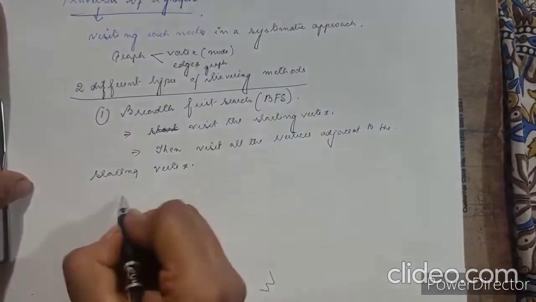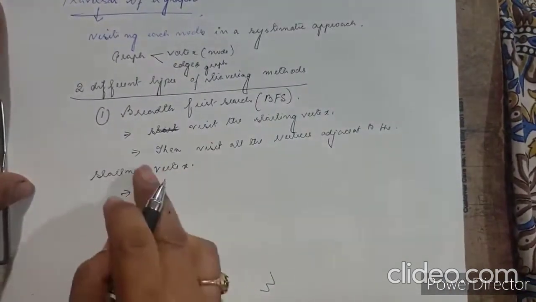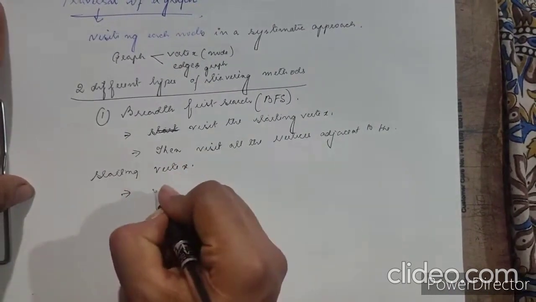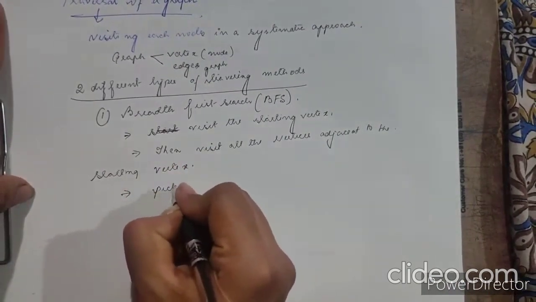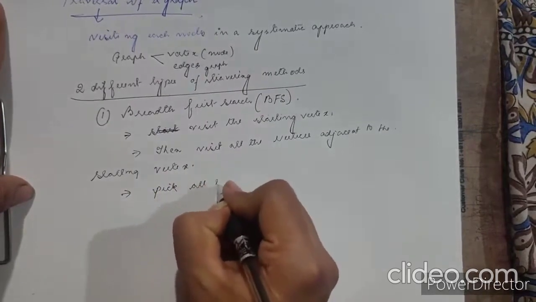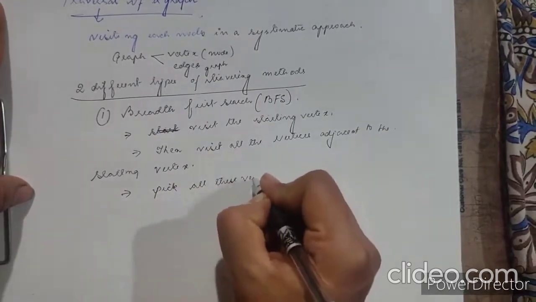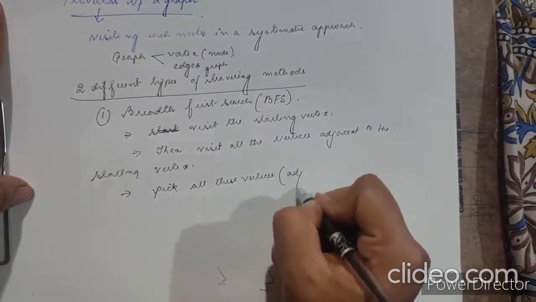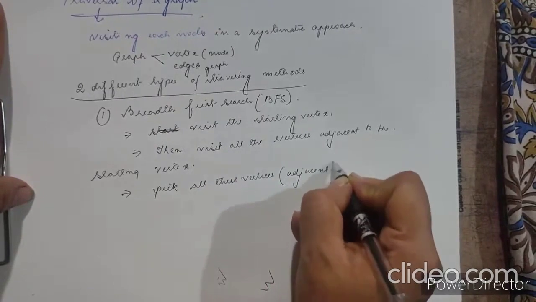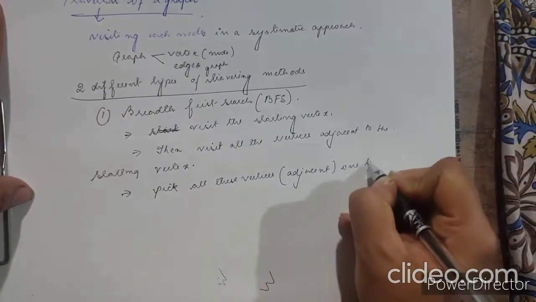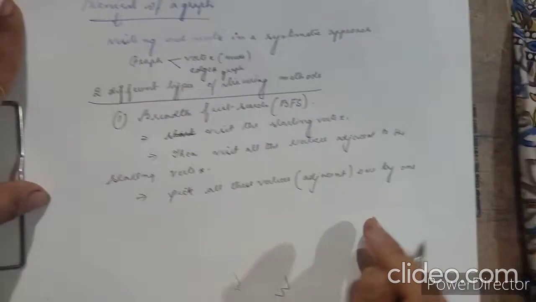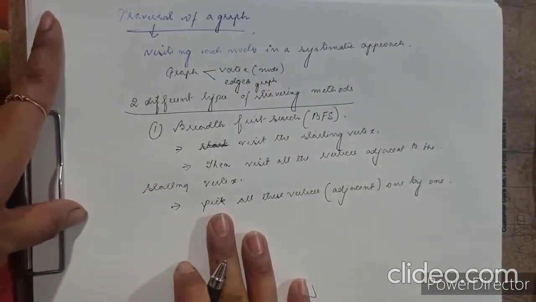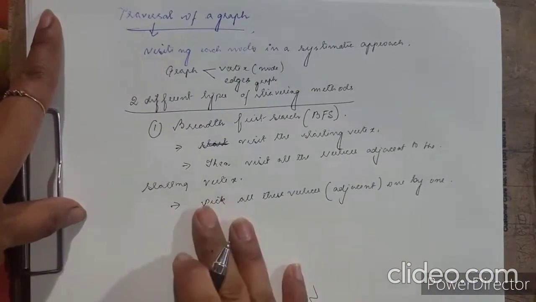Then we pick these adjacent vertices one by one, and visit the adjacent vertices.